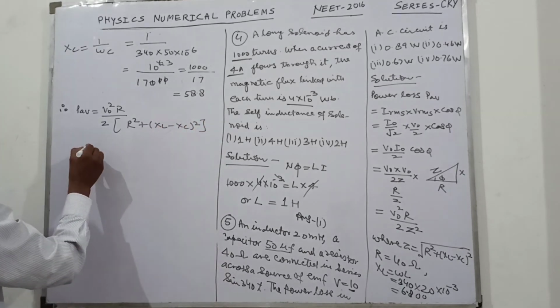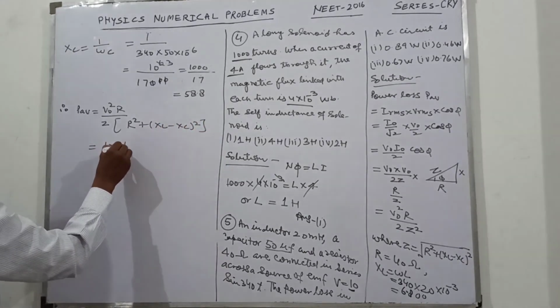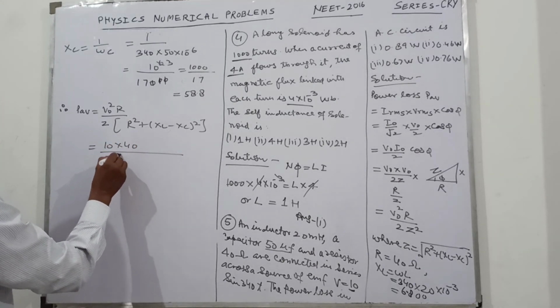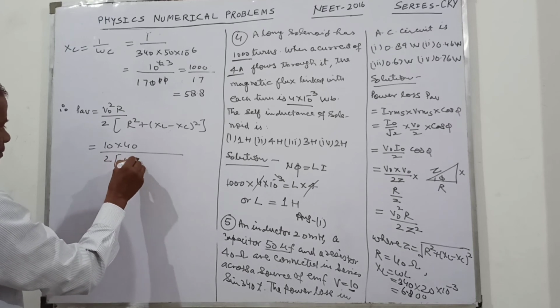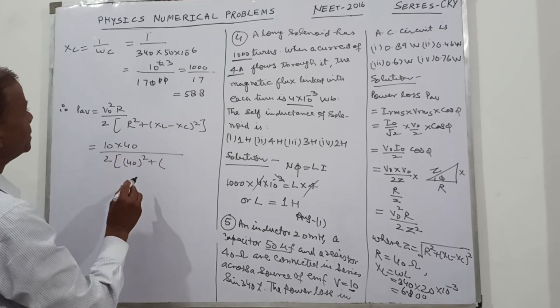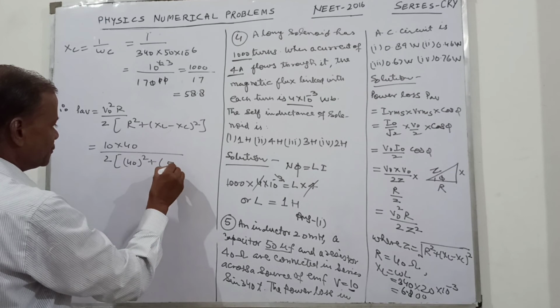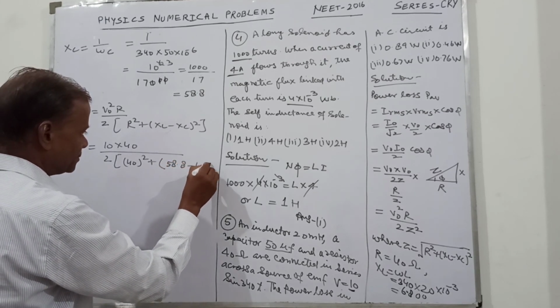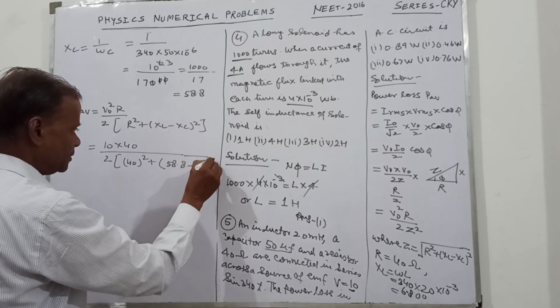This is now 10 square, this is your 40 ohm upon 2 into bracket, 40 square plus XL minus XC, so 58.8 minus 6.8. This is whole square.